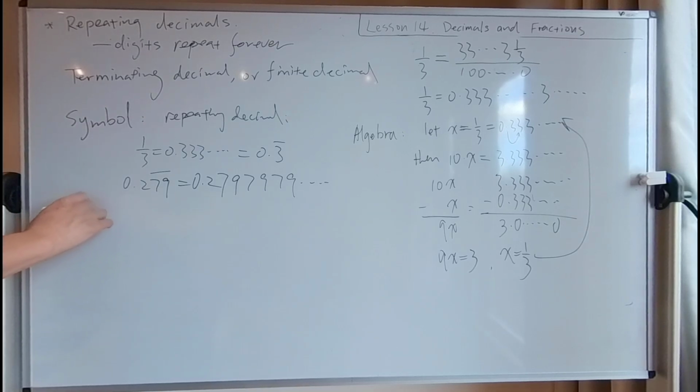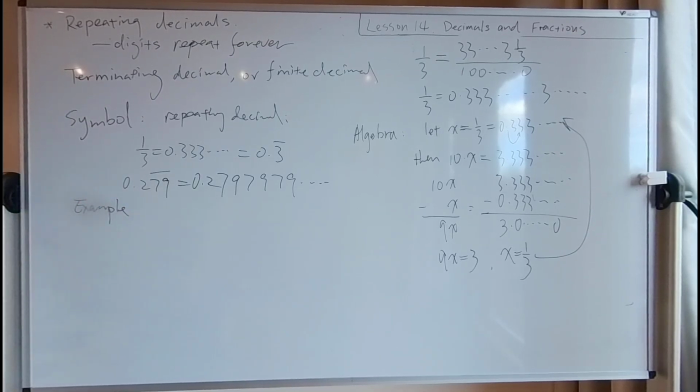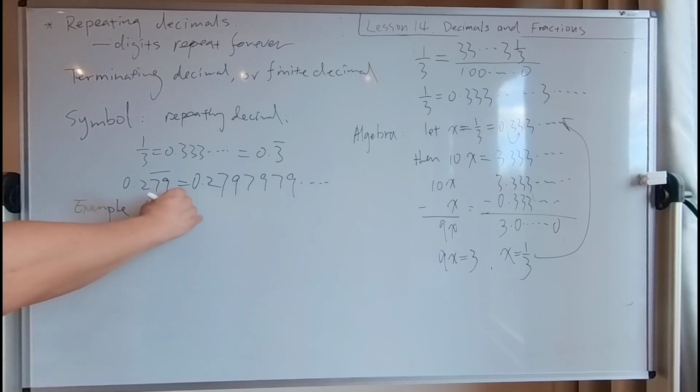So do we know, other than that 1 over 3, other cases or fractions that can be written as a repeating decimal? For example, 19 over 11. In this case, we'll have to use long division first because fractions are essentially divisions, right? But before using long division, we can simplify this fraction.